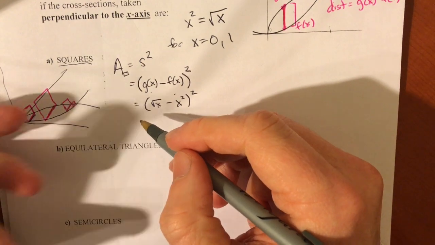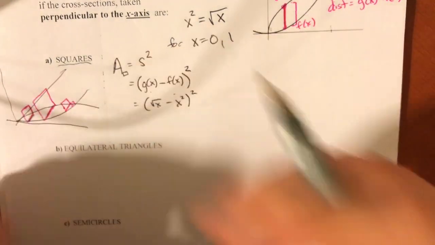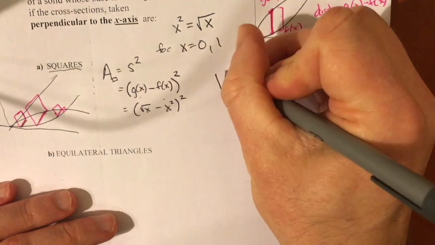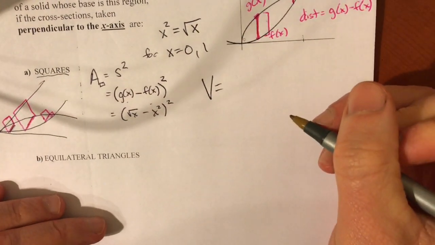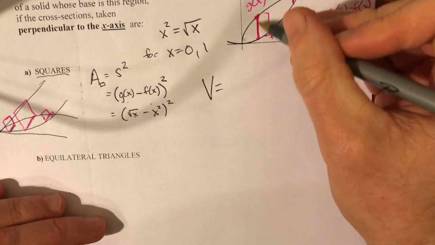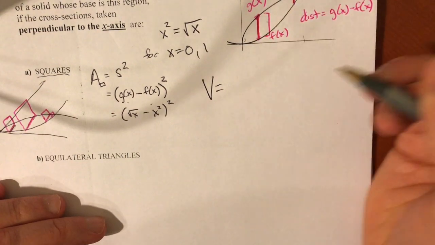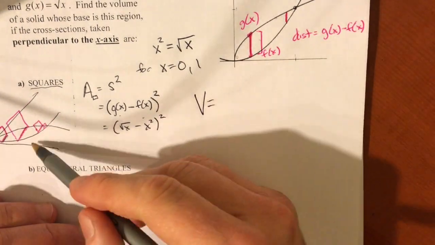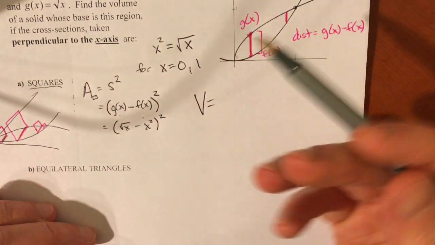Well, if you want to get them all, in other words, to get the volume of the whole thing, that's where we bring in the integral, right? It's just like when we started adding up an infinite amount of rectangles to get area. Well, now I'm adding up an infinite amount of areas to get volume.